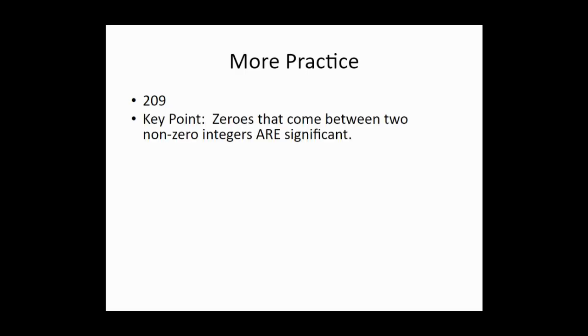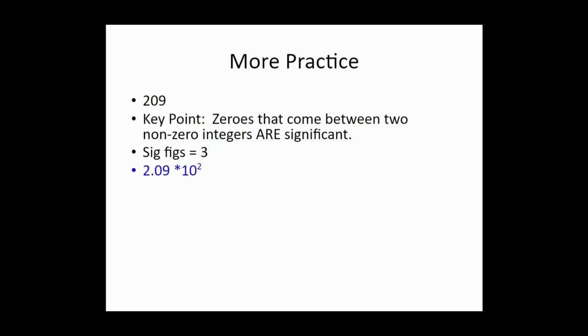Here's the number 209. So think about, how do I put that in scientific notation, and how many sig figs does it have? So remember, we're going to just have something in the ones place, and then immediately followed by a decimal point. Any zeros that come between 2 non-zero integers, for example, the 0 in 209, are always going to be significant. It has 3 sig figs, 2, 0, 9, all 3 are significant.